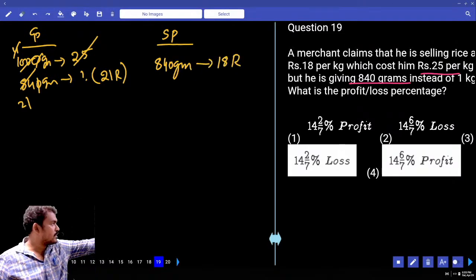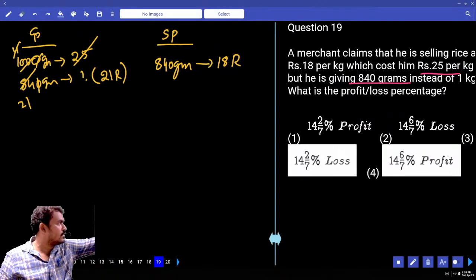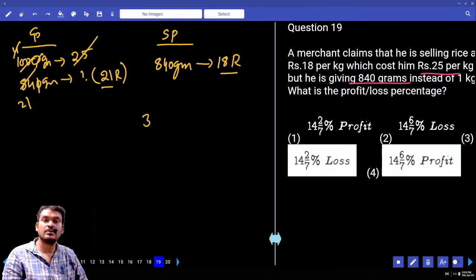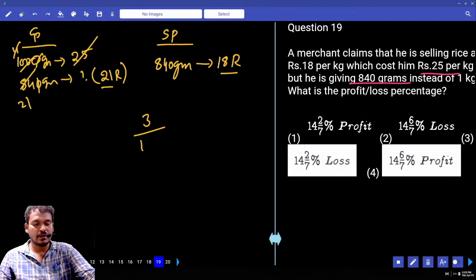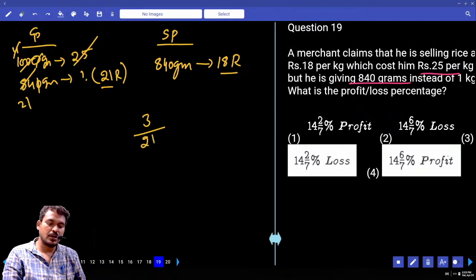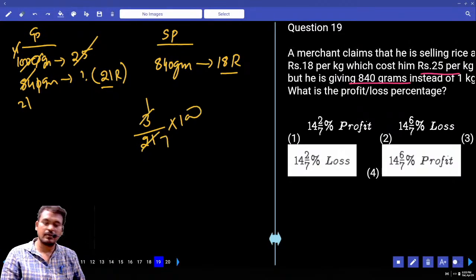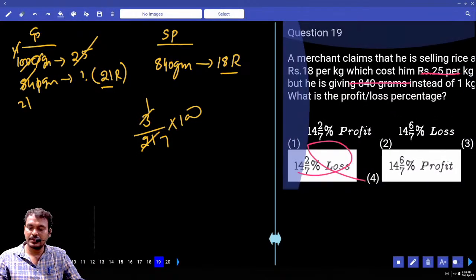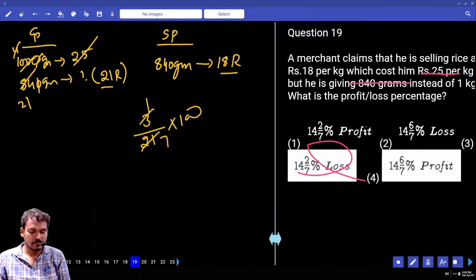Profit or loss? Loss of 3 rupees. 3 upon 21 multiplied by 100 is 1 by 7, which gives 14 2/7% loss.